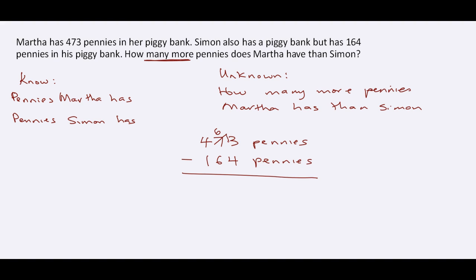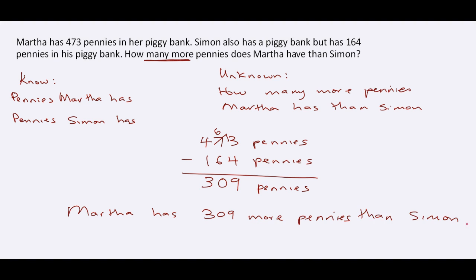This becomes 13. 13 minus 4, we have 9. 6 minus 6, we have 0. 4 minus 1, we have 3. So this means that Martha has 309 more pennies than Simon.